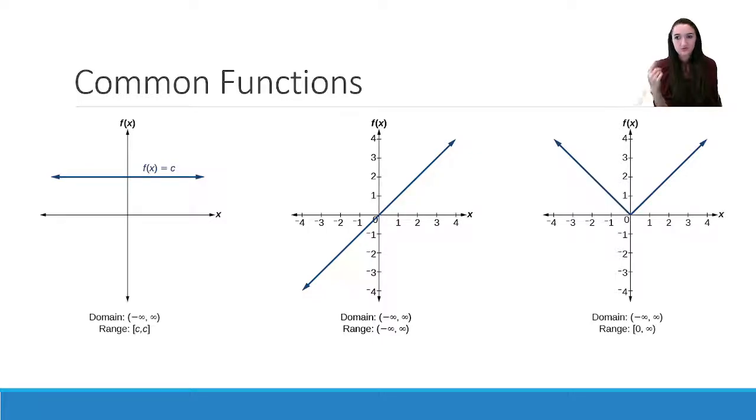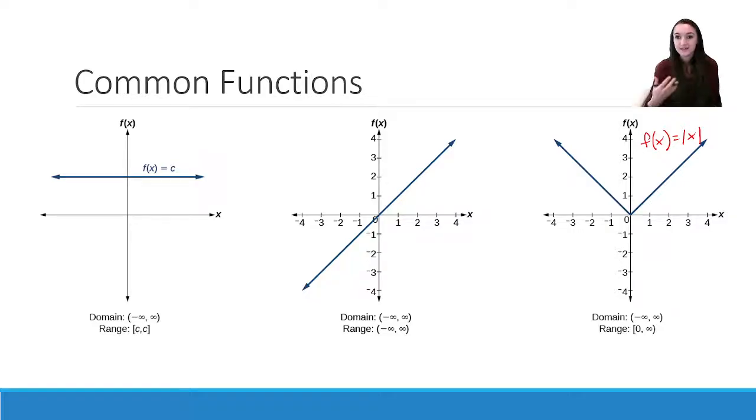Next, the linear function, the identity function, f of x equals x. No square roots, or no even roots, no division. All real numbers. Next, f of x equals absolute value of x. I've talked before about how the absolute value can be defined as a piecewise function, so we have to be aware of that.